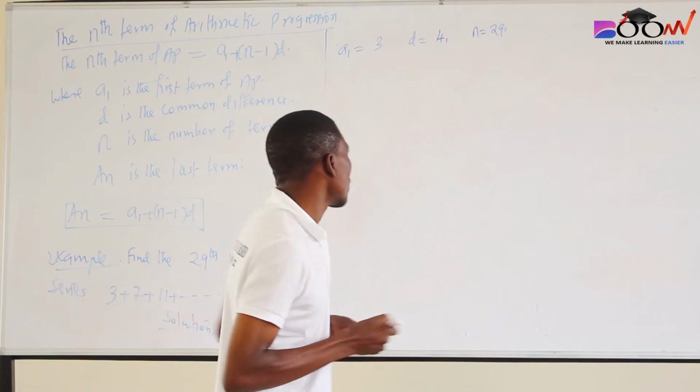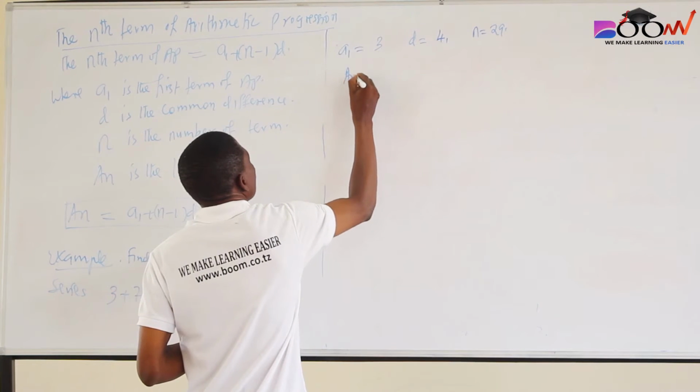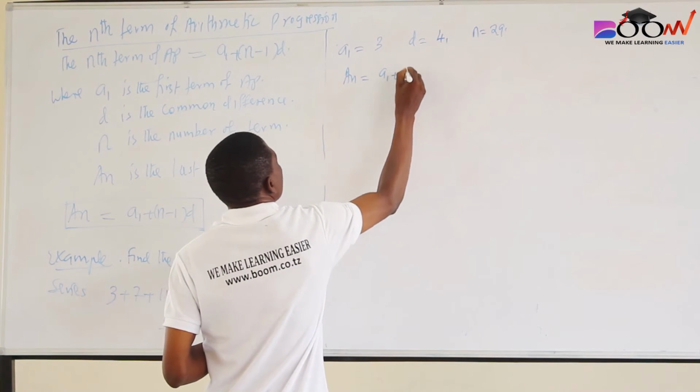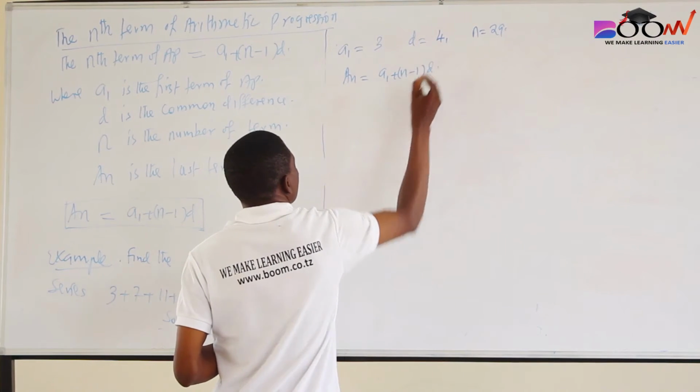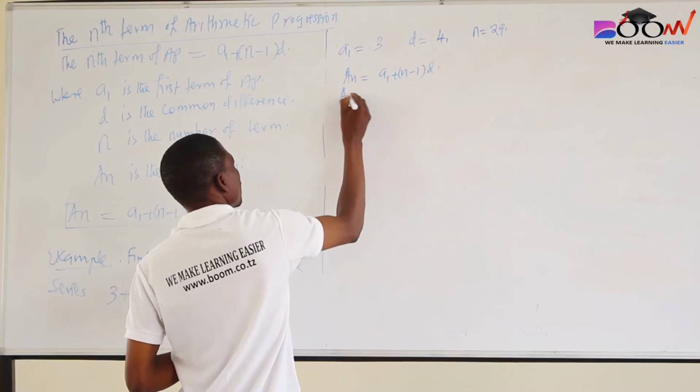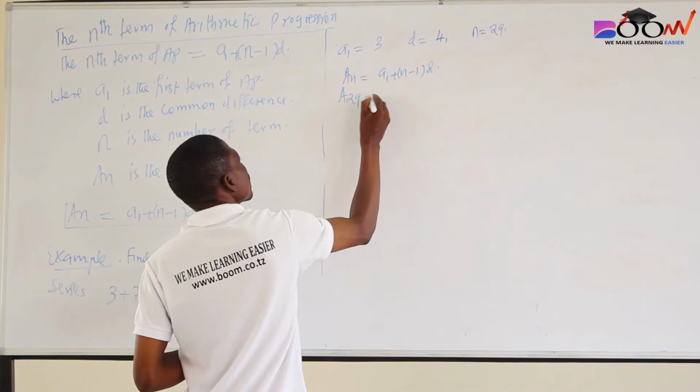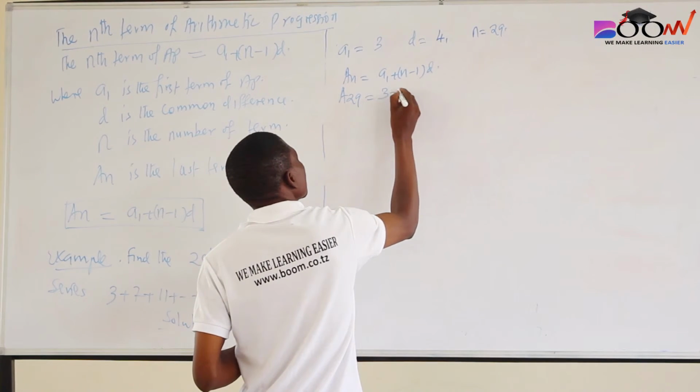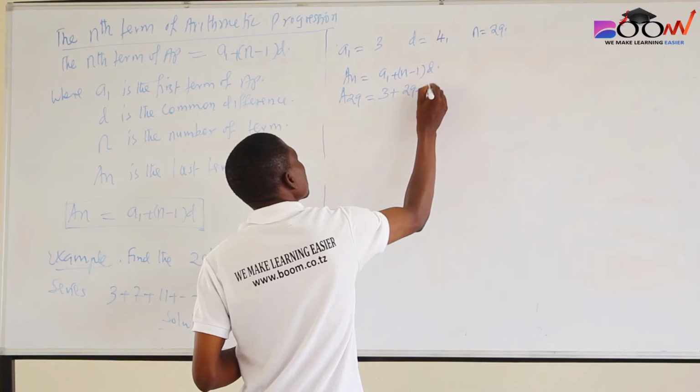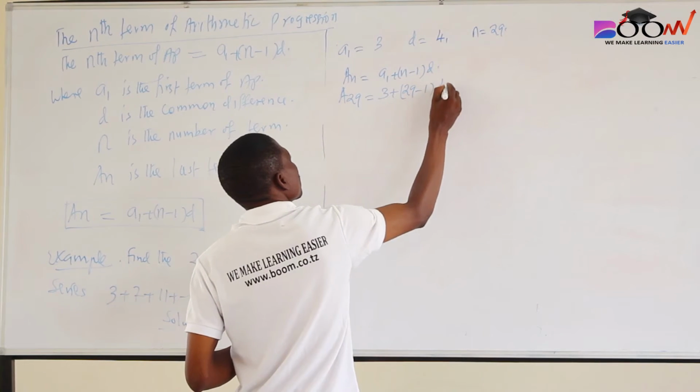So what will it be now? Our an is given by a1 plus n minus 1 times the common difference d. The position of n is 29, and the position of a1 is 3. So this is 29 minus 1, and our common difference is 4.